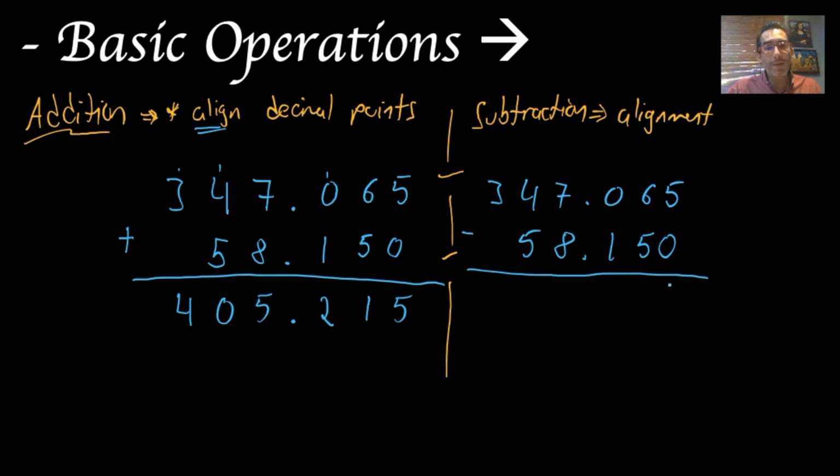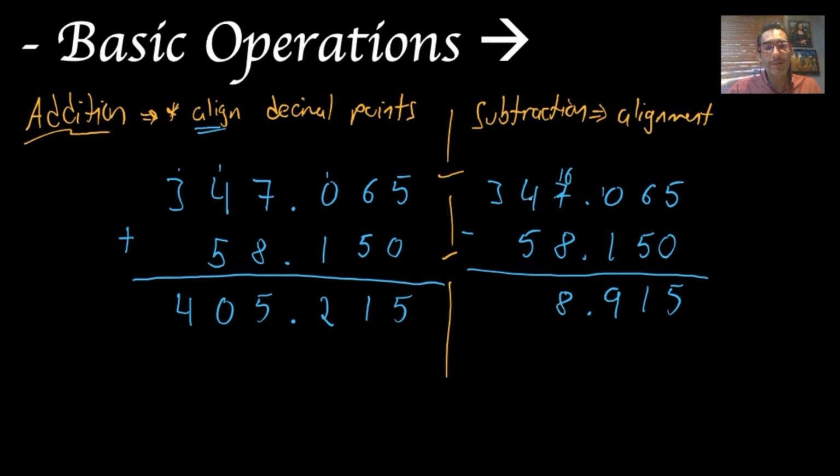So we have 5 minus 0 is 5. 6 minus 5 is 1. 0 minus 1, remember how you do that. You cannot perform it, so it's like if this was a 10, minus 1 is 9. Now this is not a 7 anymore. It will be a 6. So we end up having 16. Now 16 minus 8 is 8.